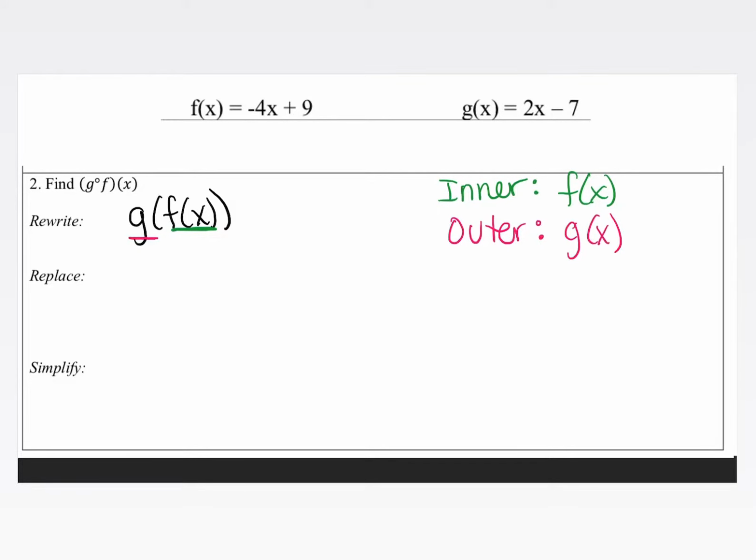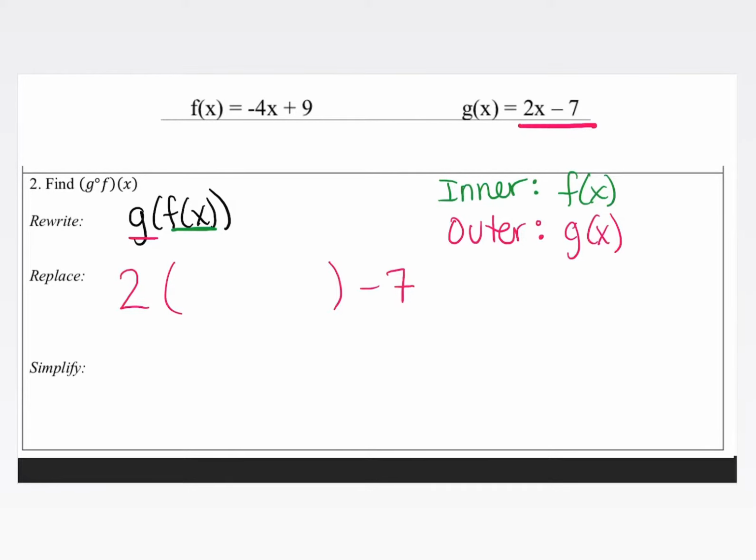So now when we're going to replace, we're going to start using that outer function as our outline. So my outer function is 2x minus 7. But remember, instead of an x, I'm going to put parentheses here. It just helps me personally remember. In my inner function, now I'm going to input that wherever I originally saw x in that first outer function.